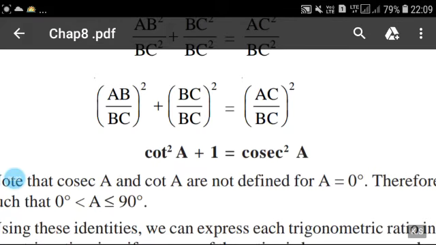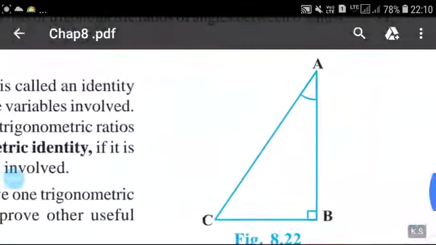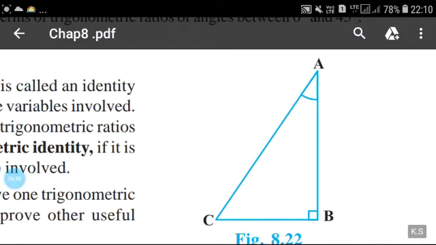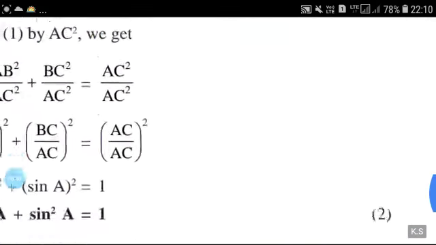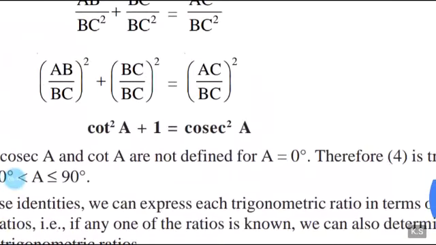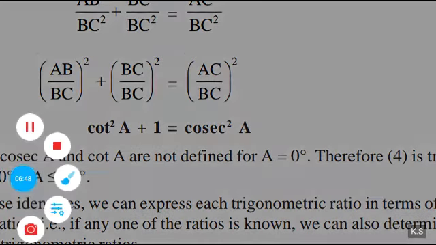So AB square by BC square plus BC square by BC square is equal to AC square by BC square. So here BC square by BC square gets cancelled, and AB by BC from the figure is cot A. So cot square A plus 1 is equal to cosec square A.